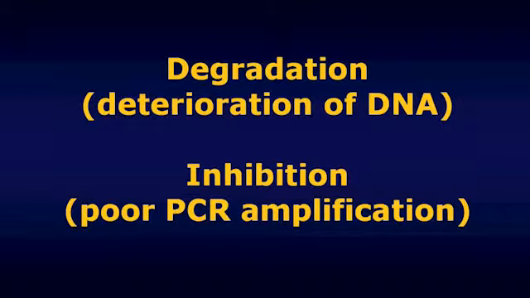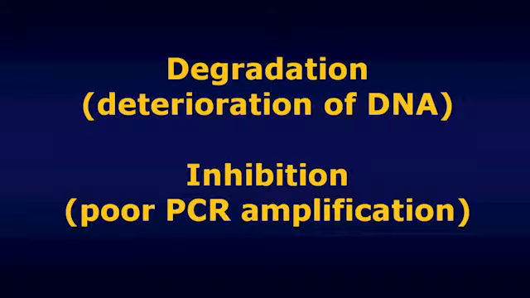And now I think it's pretty easy to explain what's going on for inhibition, because sometimes it's not that the DNA itself is damaged. Sometimes moving along with the DNA is some chemical or something that's causing it to be hard to get the DNA polymerases to do their job during PCR amplification.